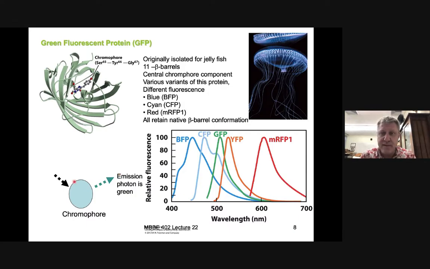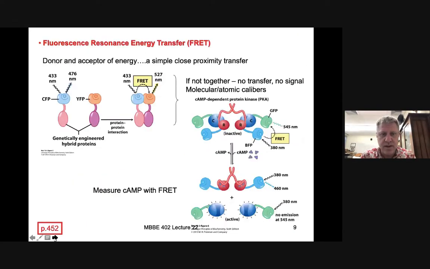So again, very important, because what we can do with this is use FRET, where basically we have our individual fluorescent proteins and we can stimulate at 433 nanometers, and we see a specific absorbance at 476 nanometers, so a different color.